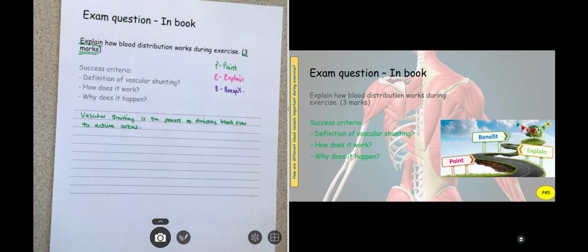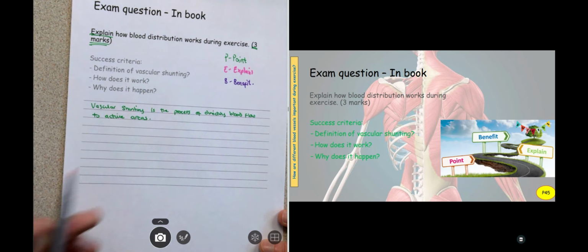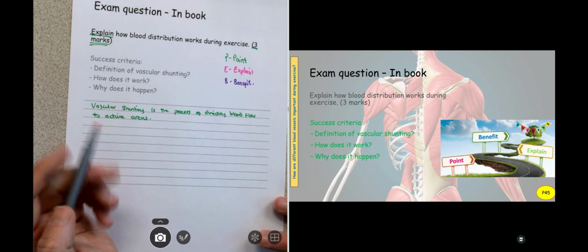Vascular shunting is the process of directing blood flow to active areas. That would give me a mark for just stating that fact. What I now need to do is explain what I mean by that, or explain how it works.